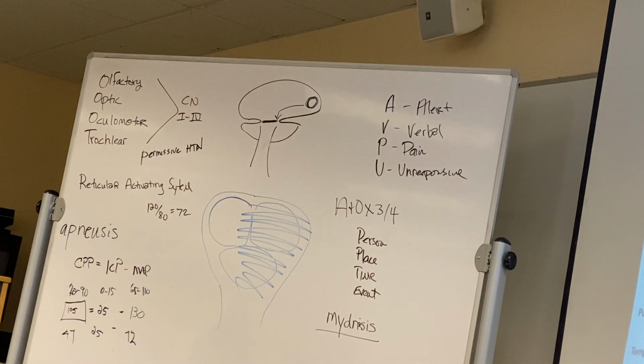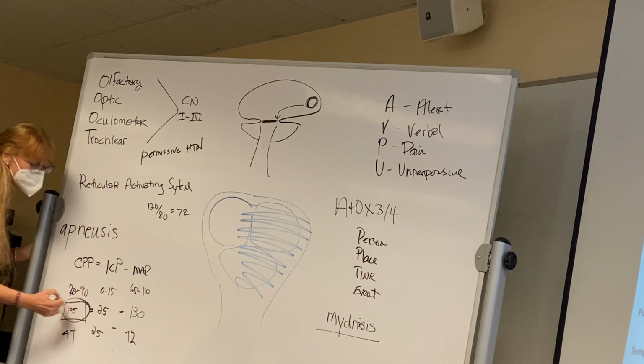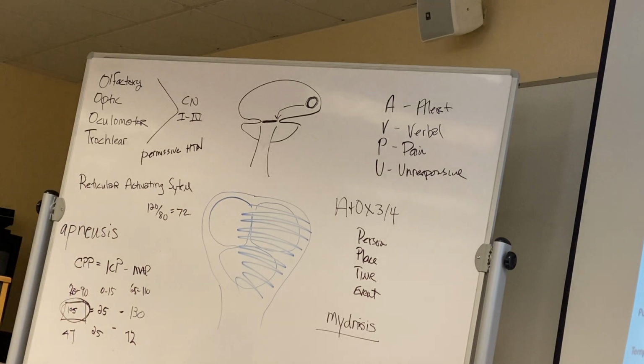Permissive hypertension: sometimes when somebody's experiencing increased intracranial pressure, the physician is actually going to be okay with the patient being a little bit hypertensive because we need to have that number be higher so they get perfused in their head. And I have the discussion with the physician, saying, I'm really worried about this gal's blood pressure.